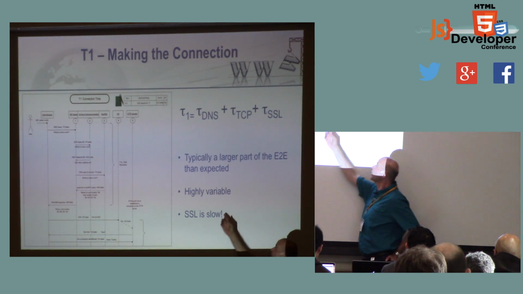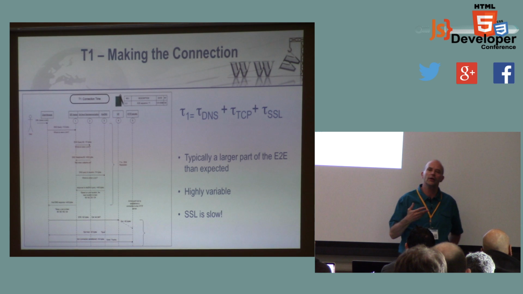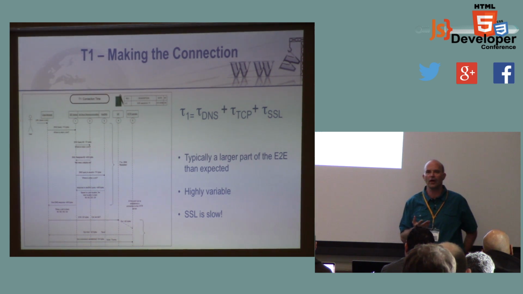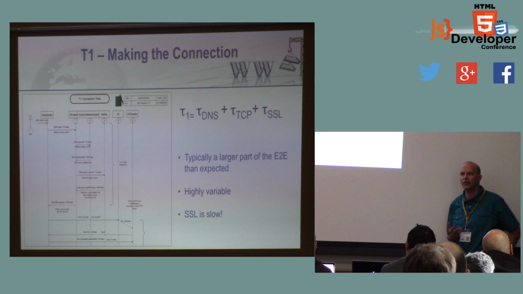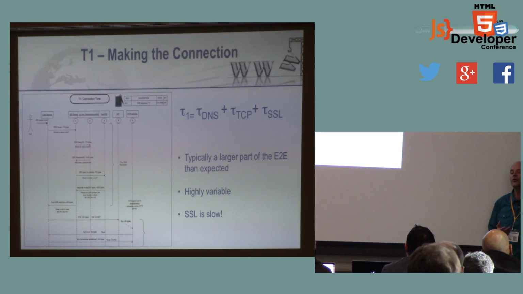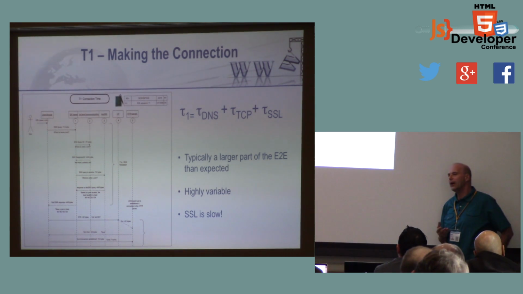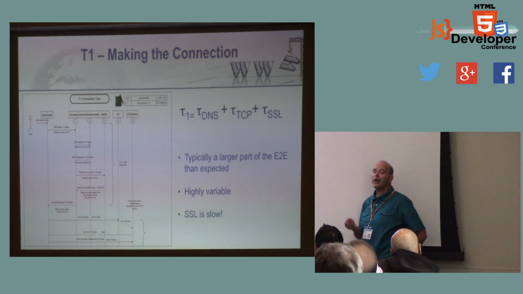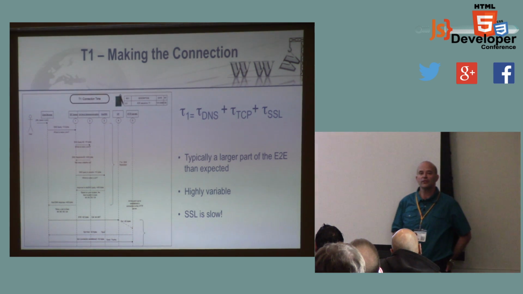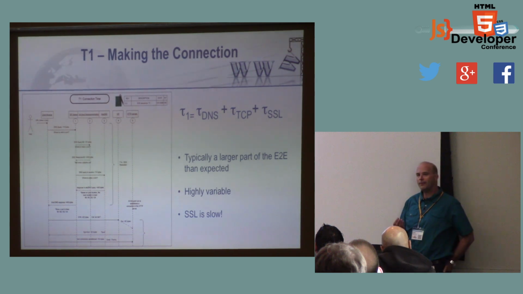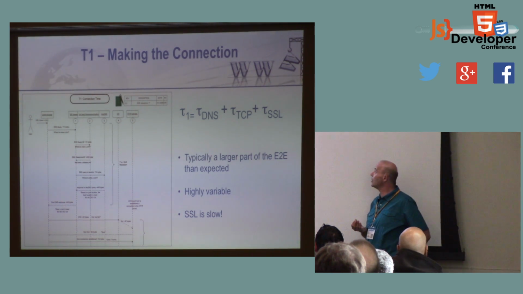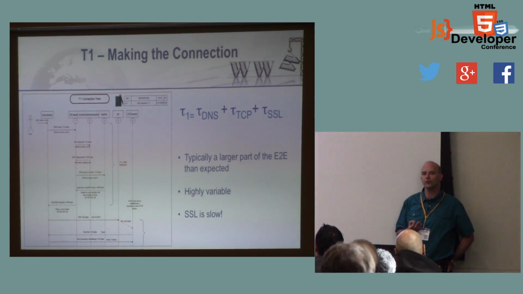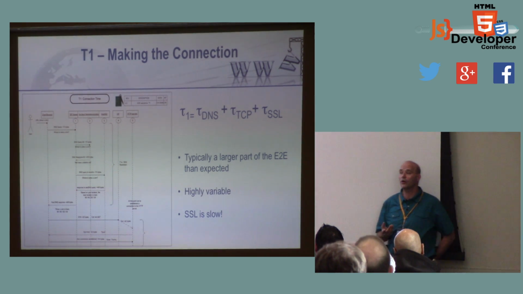The other thing is that it's often highly variable, especially creating that TCP connection. What we actually see, and this is a known bug in both Apache and apparently in Nginx. I knew it was a known bug in Apache, but I just heard recently that the same bug occurs in Nginx. In some cases, when a connection is being established, if the pipe that is being used was just recently let go, you have to wait for a timer before the actual socket is released and you can talk over it.